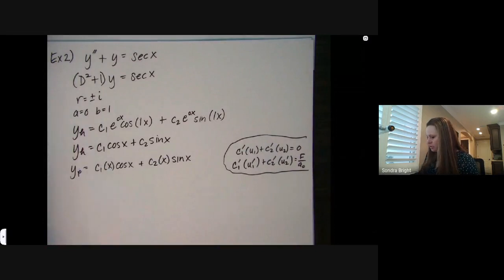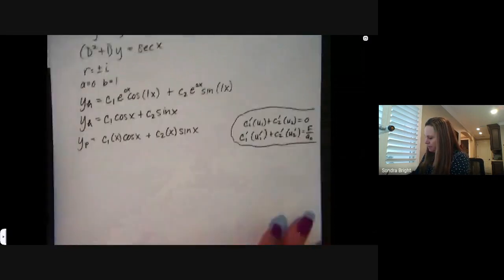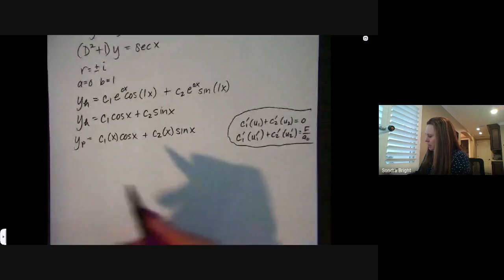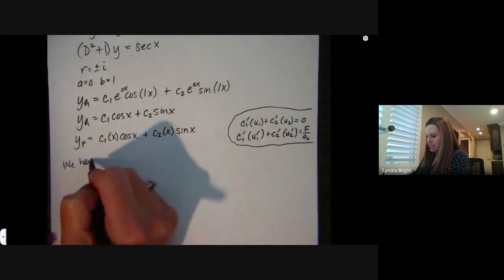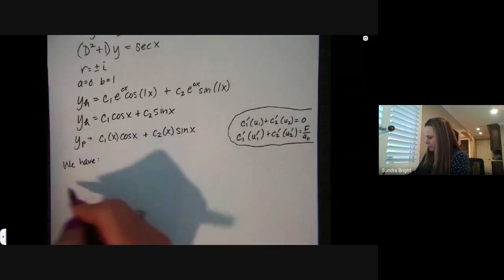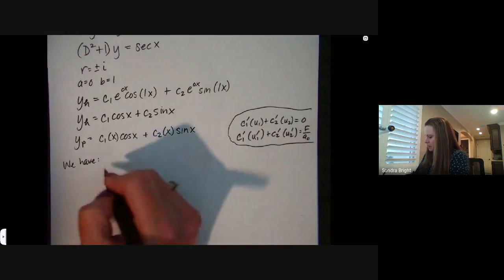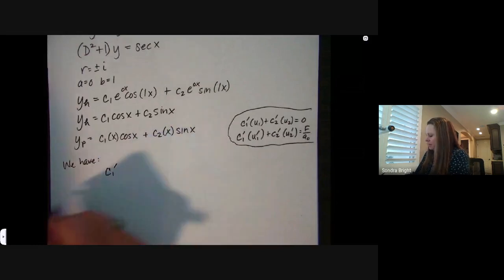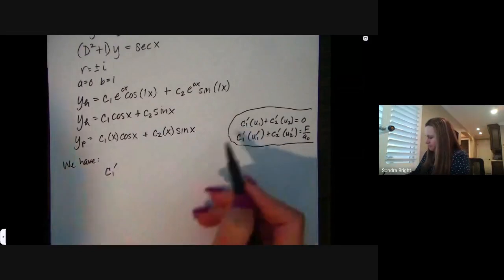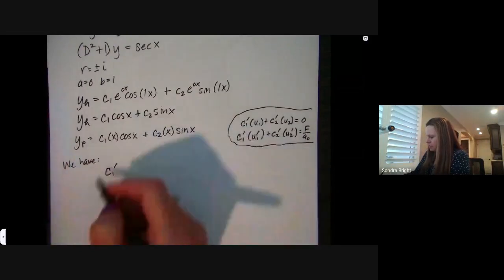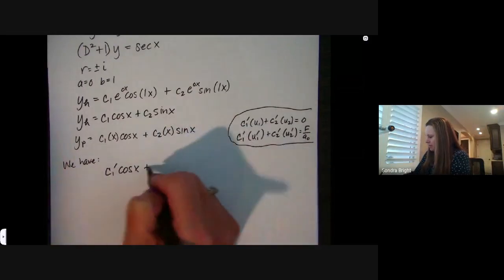So here we have C1 prime of x times u1, which is cosine of x, plus C2 prime times sine of x equals 0.